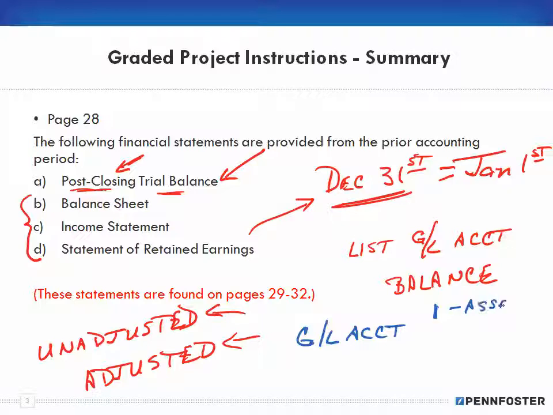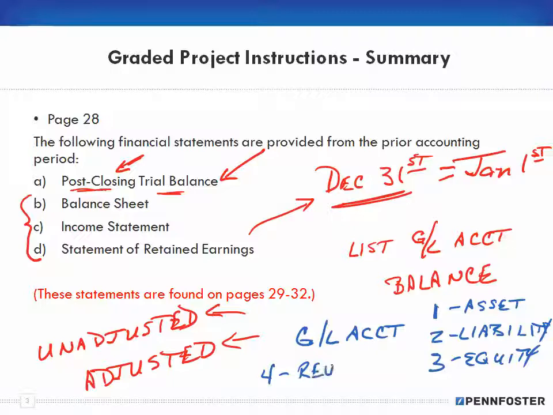Right? All of your liability accounts should begin with a number 2. So your equity should begin with 3. Your revenues should begin with 4. And your expenses should begin with 5.